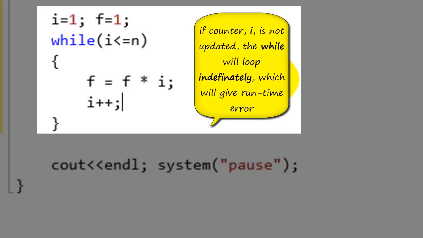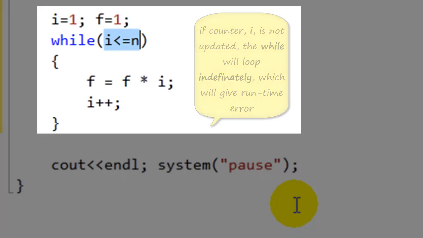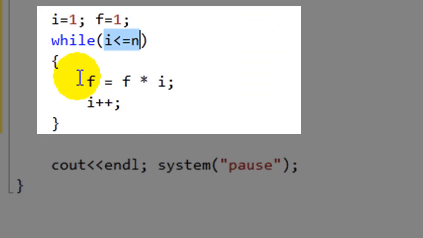So now i is equal to 2, and the compiler checks again: is 2 less than or equal to n? If this is true, then again we compute the new value of f. So f equals the old value of f, which is 1, times the new value of i, which is 2, so the new value of the factorial will be 2.